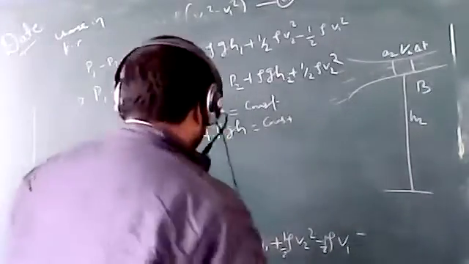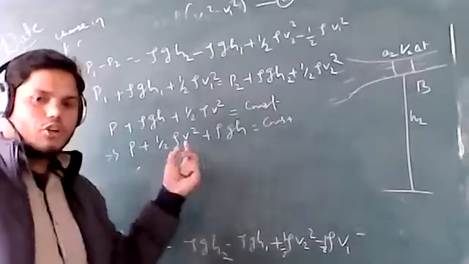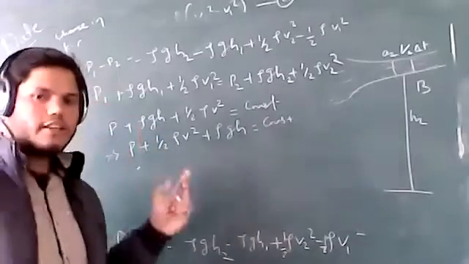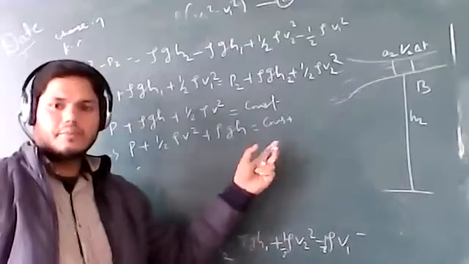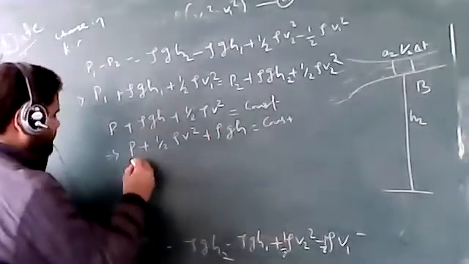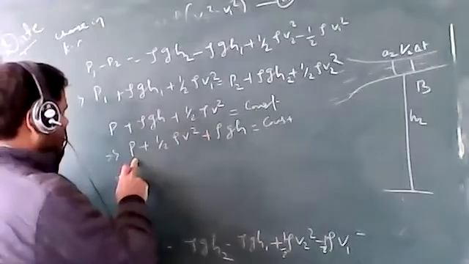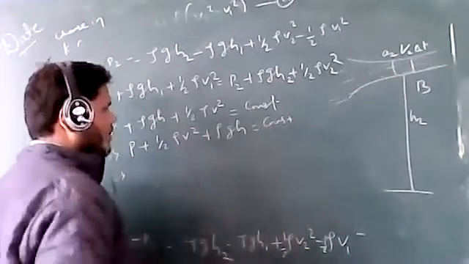That means the pressure energy plus the kinetic energy per unit volume, that is half rho V square, plus the potential energy per unit volume, that is rho GH, remains constant.